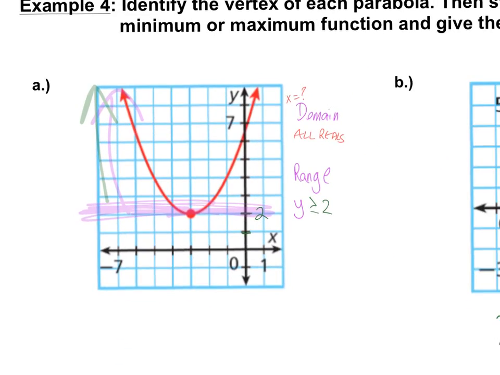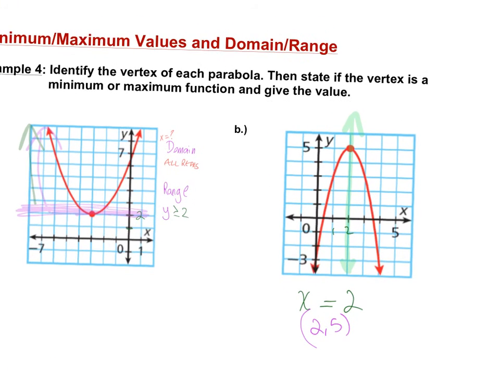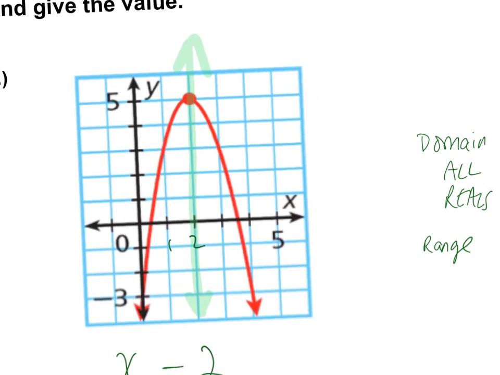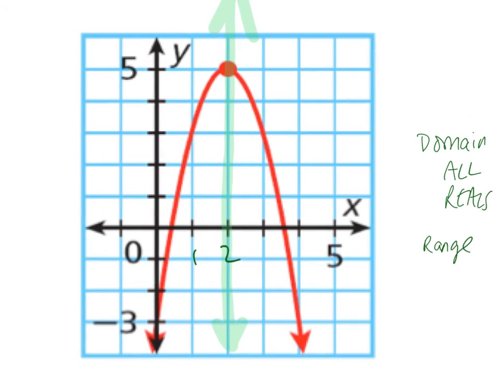So if I was to look back at this one and I asked you what is the domain, again it is always all reals because it infinitely goes horizontally. What is the range? Oh no, range is the y values. Where are your y's? Yes, it is from 5 and below.